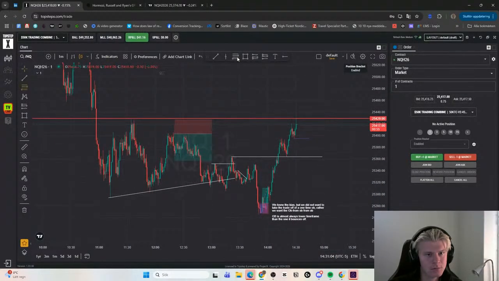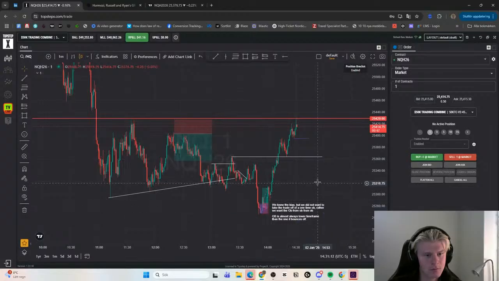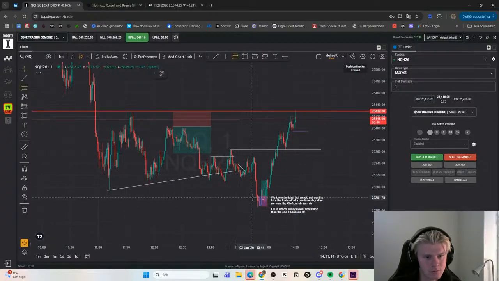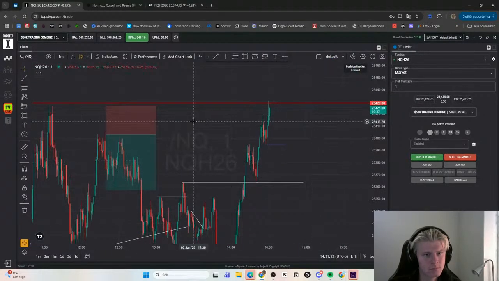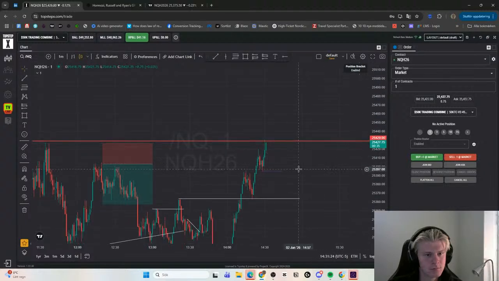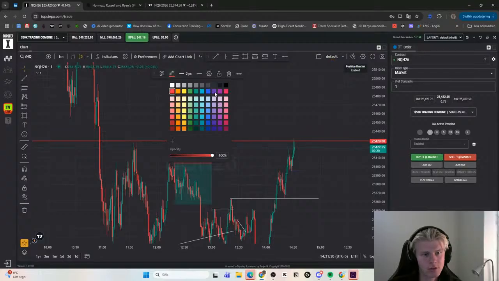Ideally though, the move is slightly higher. So this is a 4-hour propulsion block.